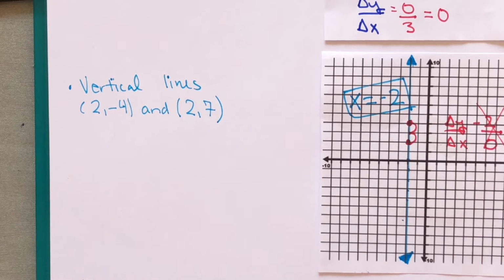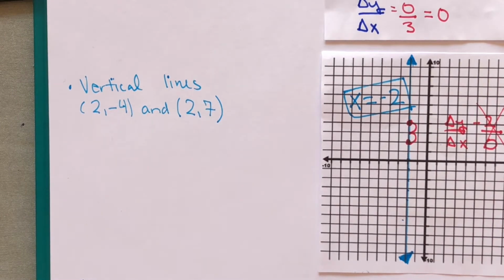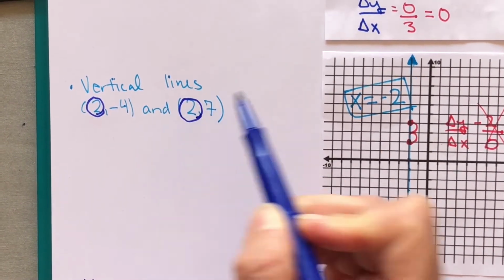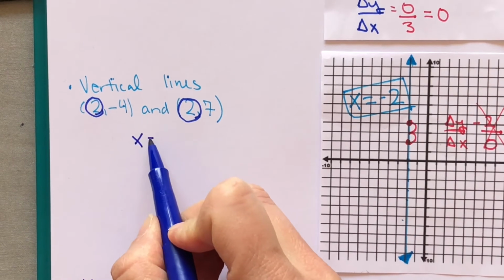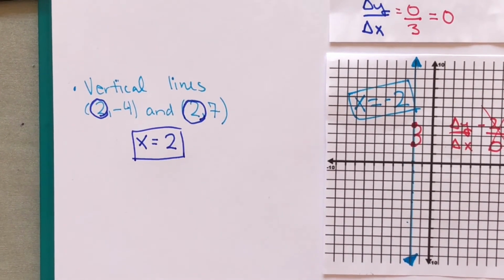So let's say here we're given 2 points, (2, -4) and (2, 7), and asked to write an equation for that line. When I look at the points, I can see that the x value for both is 2, which means that the x value is not changing, which means we must have a vertical line, which means I can describe that line as x is always going to equal 2, no matter what the y value is.